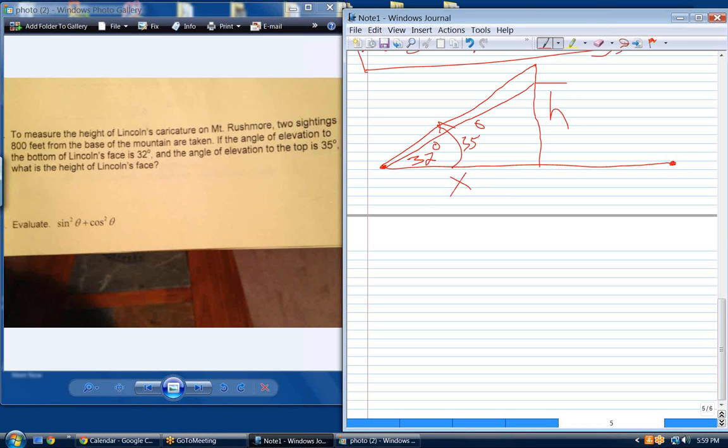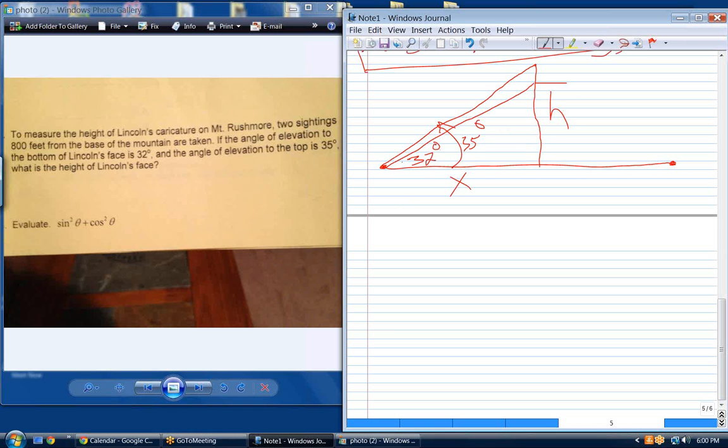This is a little tricky, but one of the very valuable parts of trig is how do you determine how high a mountain is? You can do it by simply taking 2 measurements like this.